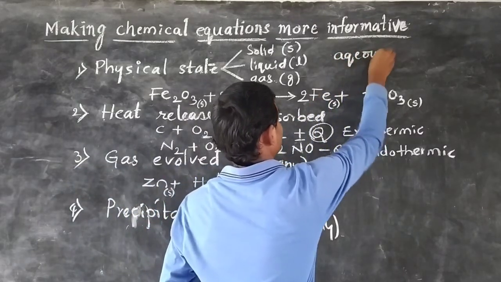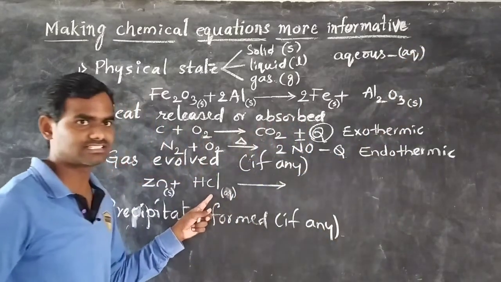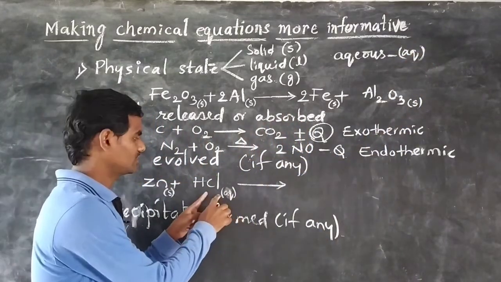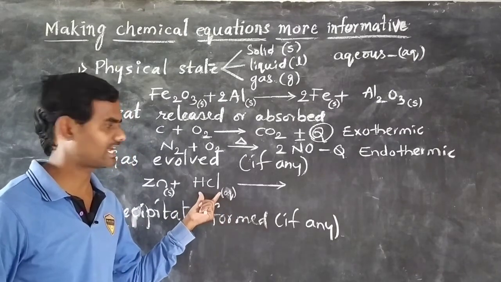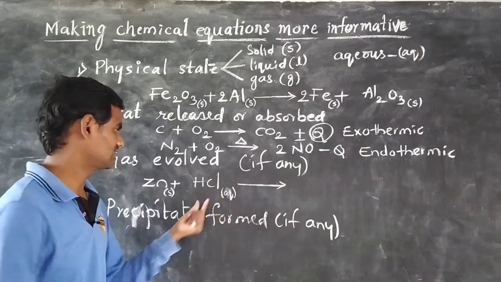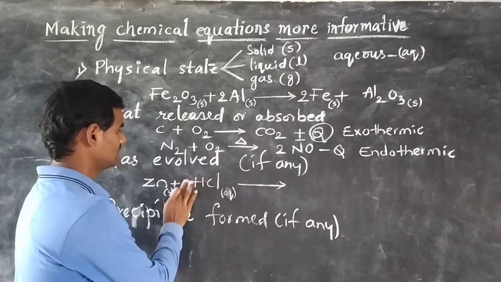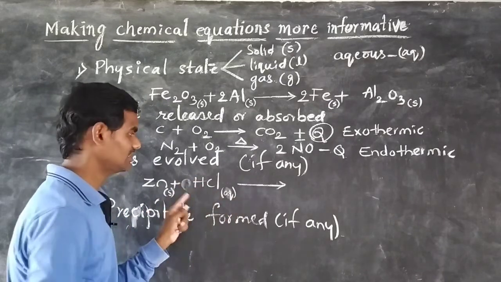Hydrochloric acid is AQ because we take highly concentrated hydrochloric acid and dissolve it in water to become dilute HCl. So we write it as an aqueous solution of hydrochloric acid.